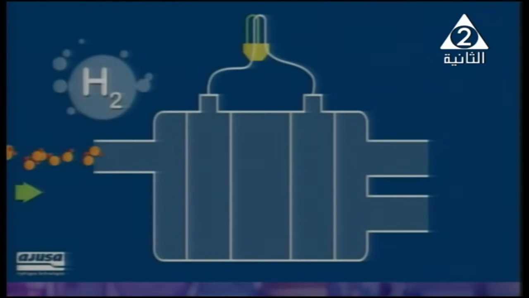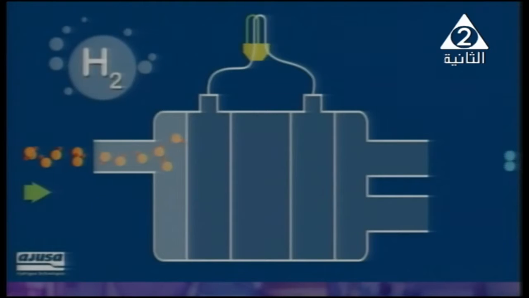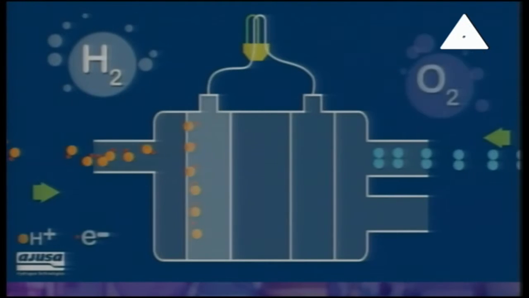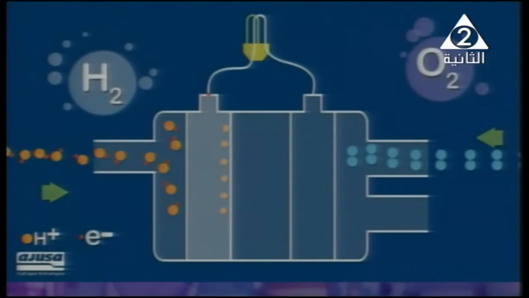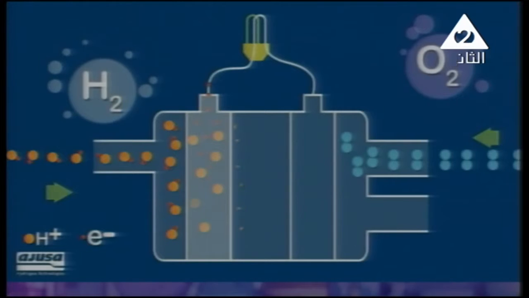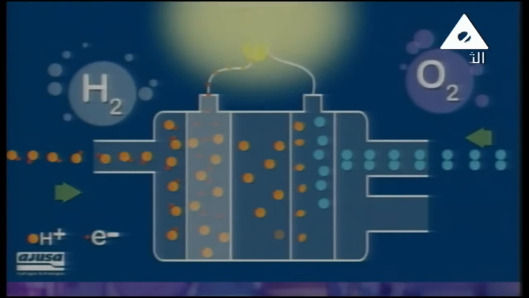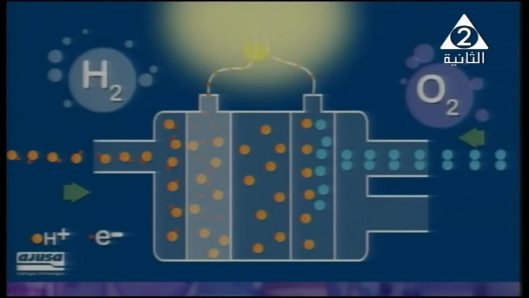As you see, hydrogen enters its room and oxidizes to change into positive hydrogen ions, and the electrons transfer in the external circuit to another electrode which contains oxygen.